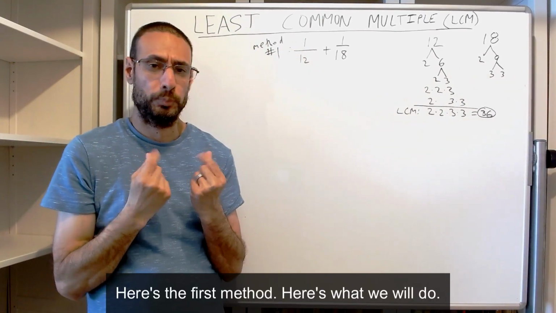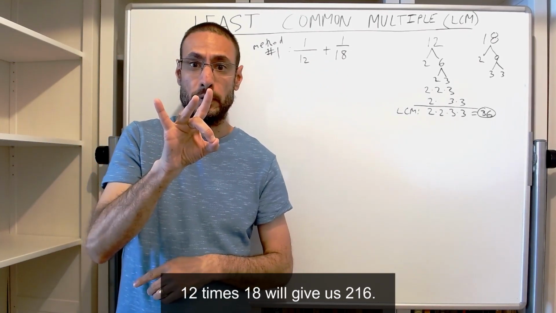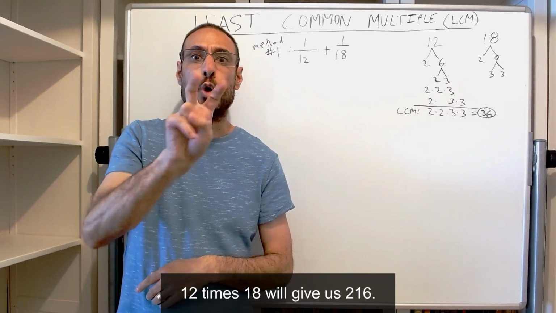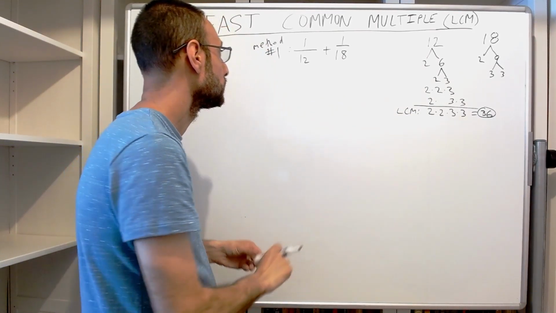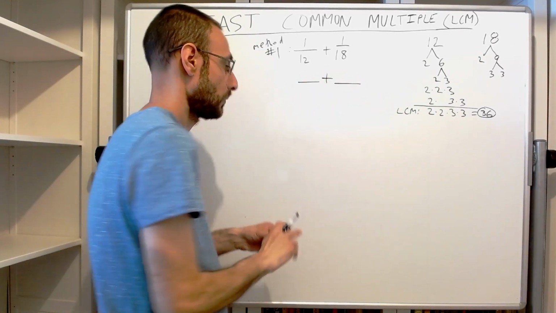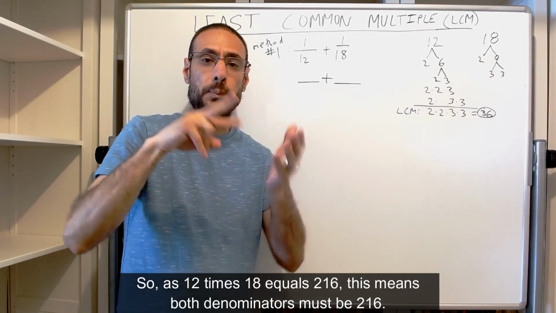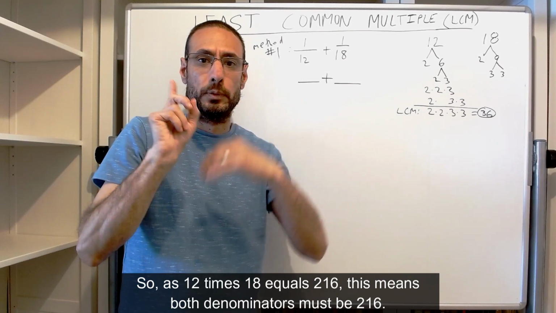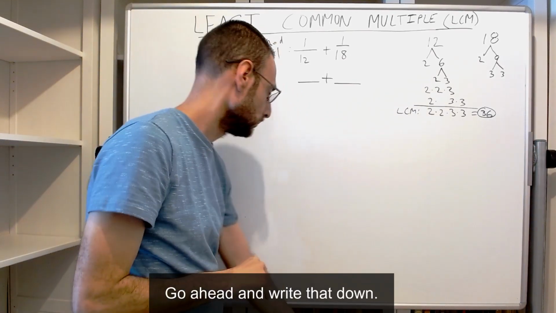Here's the first method. 12 times 18 will give us 216. So, as 12 times 18 equals 216, both denominators must be 216. Go ahead and write that down.